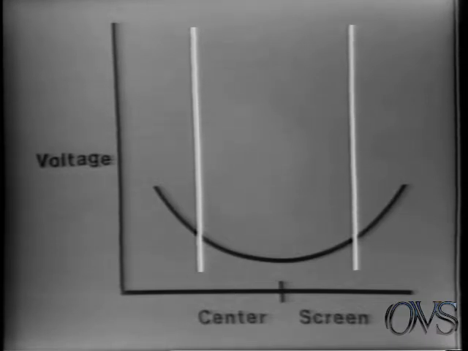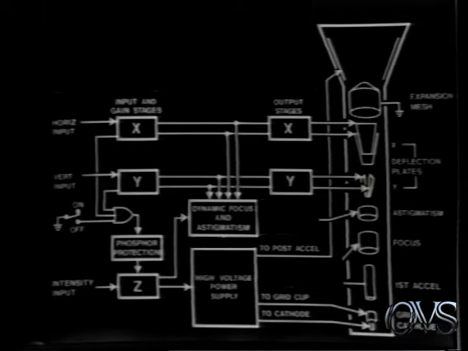The curve is shaped the same for both dynamic focus and astigmatism control. The dynamic focus circuit converts the linear deflection voltages from the X and Y amplifiers into parabolic voltages with nonlinear amplifiers.